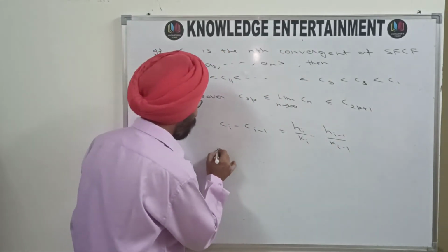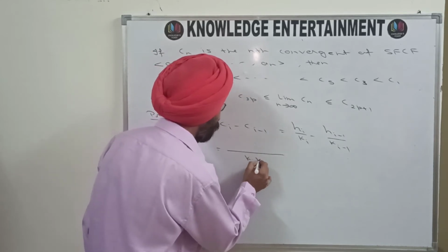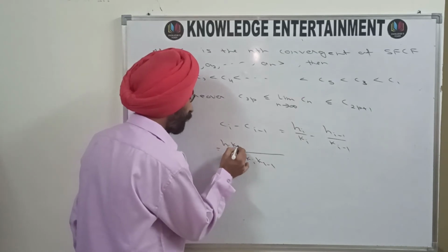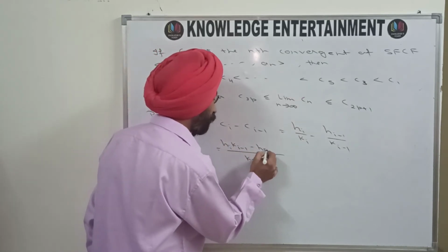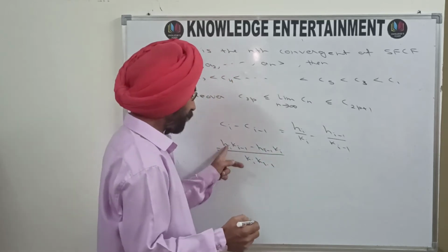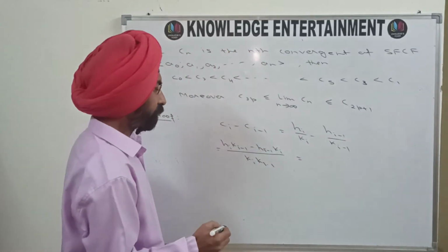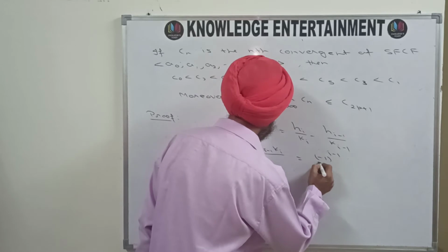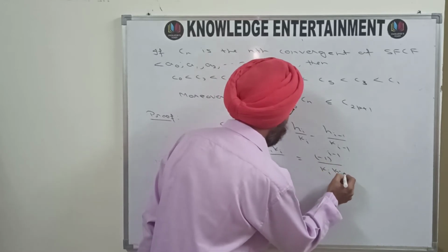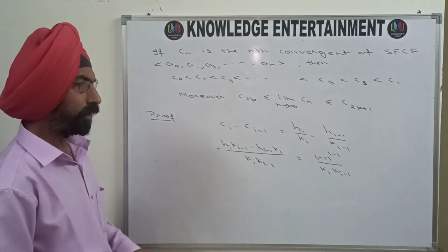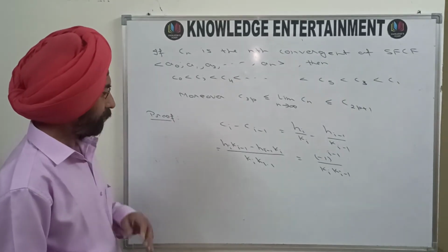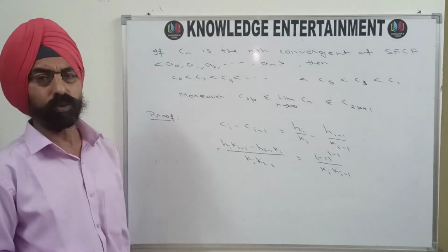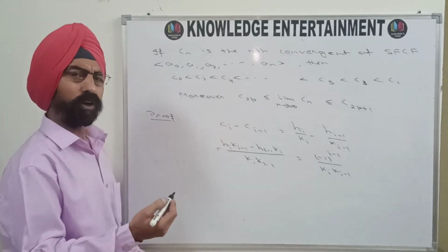Once again, taking LCM, we will get Ki Ki minus 1 in the denominator, and in the numerator you will get Hi Ki minus 1 minus Hi minus 1 Ki, and you have seen in the previous video that the value is minus 1 raised to the power i minus 1 upon Ki Ki minus 1. So this is the value. And now we are going to put i equal to 2p or 2p plus 1 or 2p plus 2, anything.